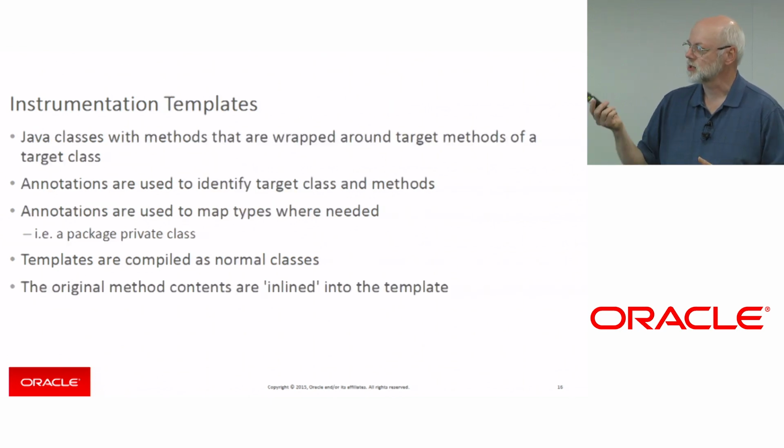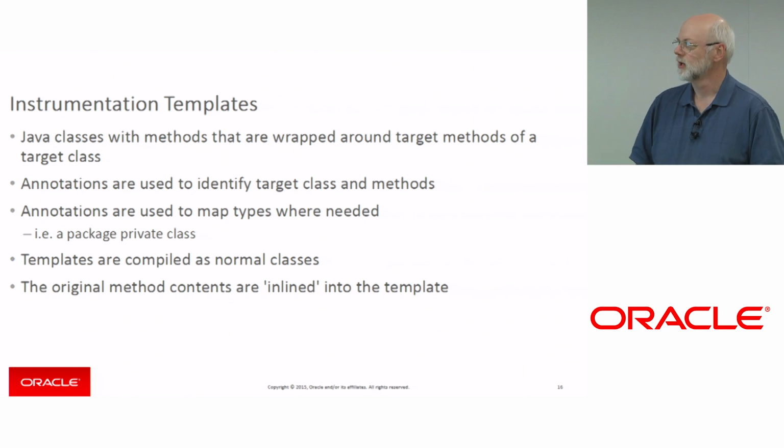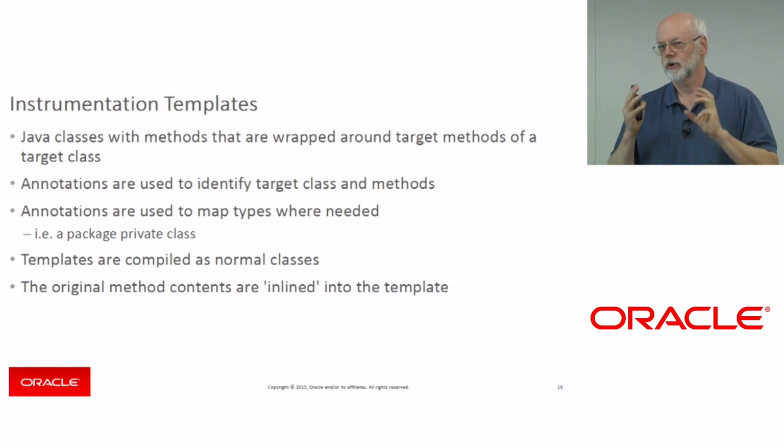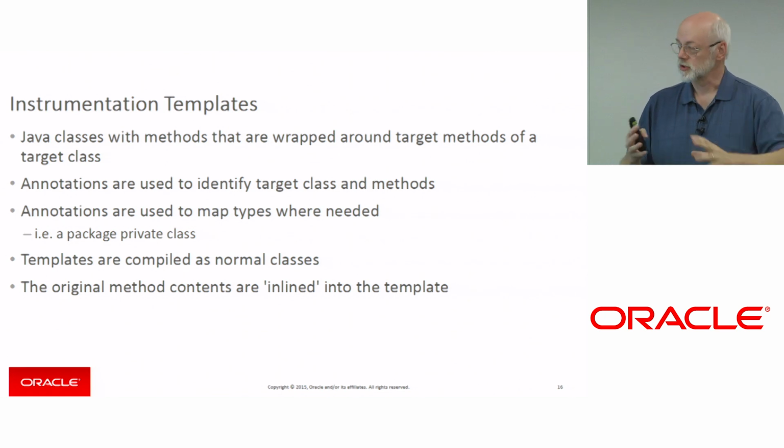The templates, as I mentioned, get wrapped around the target methods, and I'll show an example in a minute. There are annotations specific to this templating mechanism that are used to identify the target methods in the target class, and some other special cases. The desirable feature is to be able to compile a template class normally, but because of access rules, it's a little bit more severe with modularity coming.